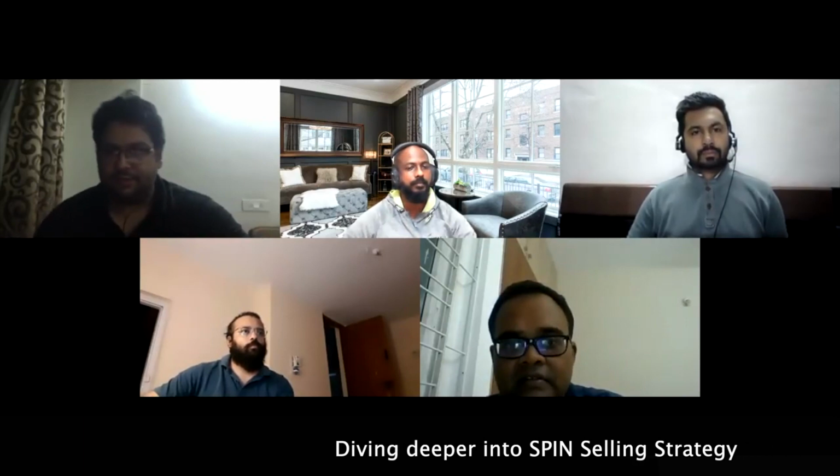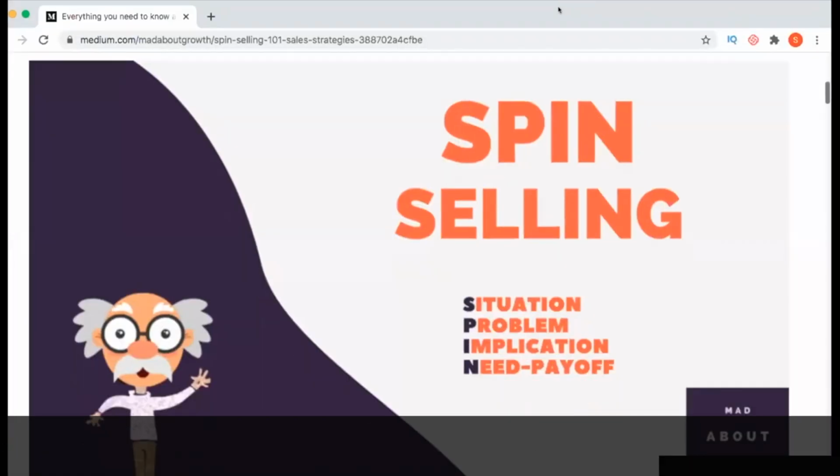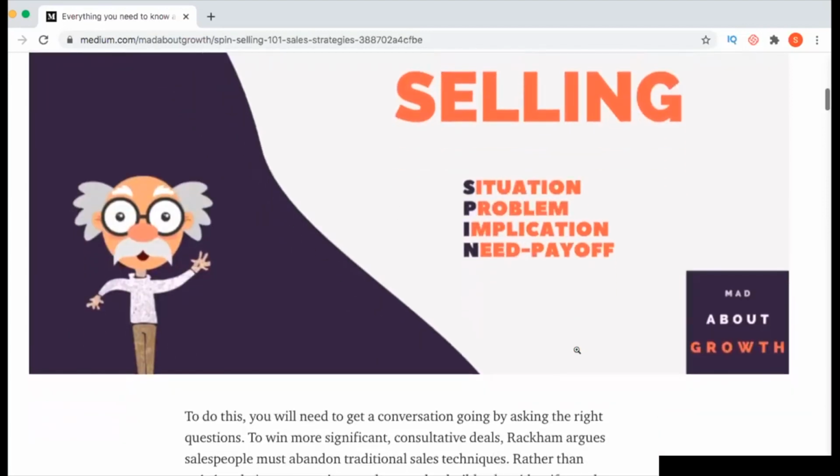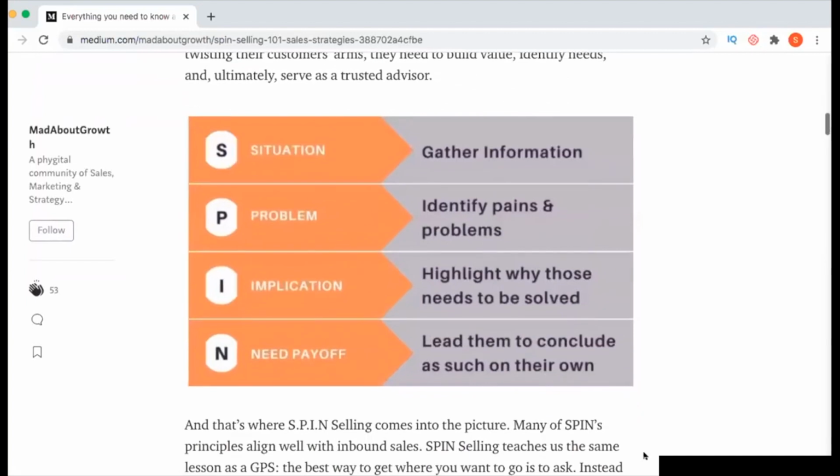So I'll just try and give a little bit more insight into SPIN selling. As Suman told us, it's basically trying to understand the problem. It's broken down into four different parts: situation, problem, implication, and need-payoff. It's trying to understand what the major needs are, so we can look at it step by step.